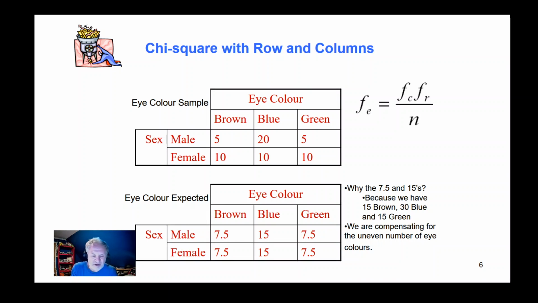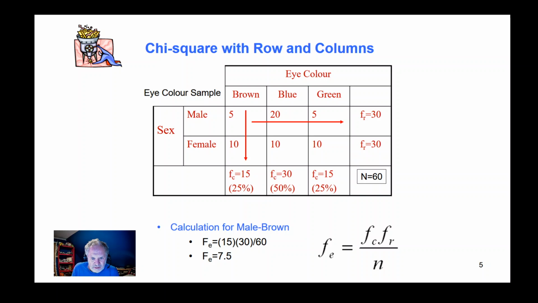If I run through those calculations for each of those cells, that's what it looks like. You have to walk through those calculations, and you have to do it for each cell. So for each cell, you take the column frequency, multiply it by the row frequency, and then divide by 60.